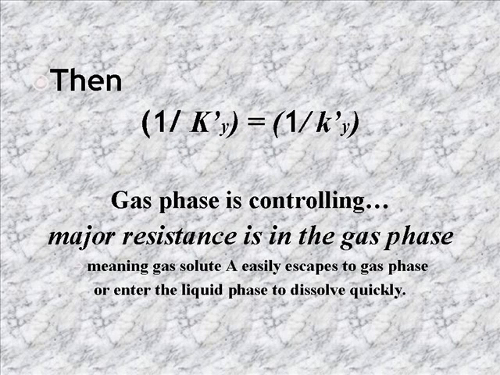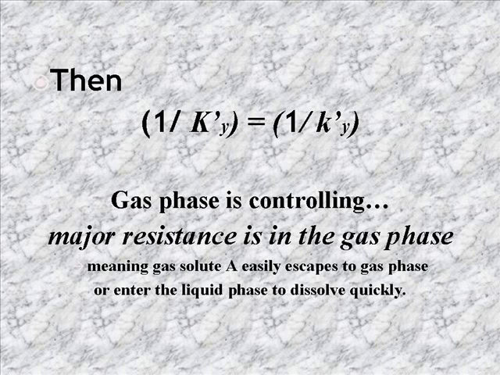If that is so, 1 over K prime Y is equal to 1 over k prime Y, meaning the reciprocal of the overall mass transfer coefficient will be equal to the reciprocal of the overall gas mass transfer coefficient.